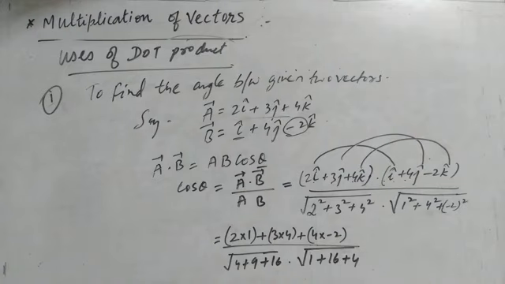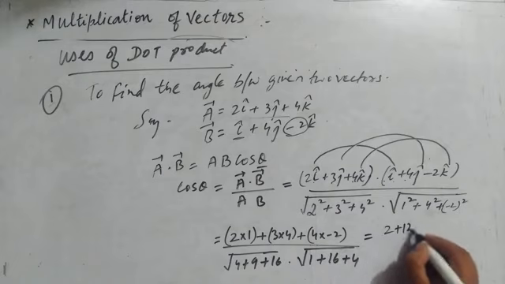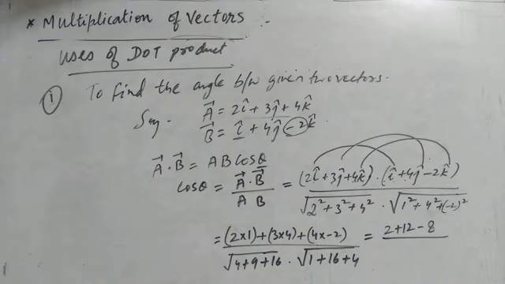So this becomes 2 plus 12 into minus 8 upon root 29 into root 21.